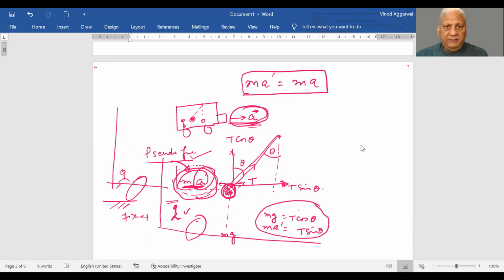Only then will he see that there is no net force acting on the body, which means this we call pseudo force, is actually equal to the force in the opposite direction.